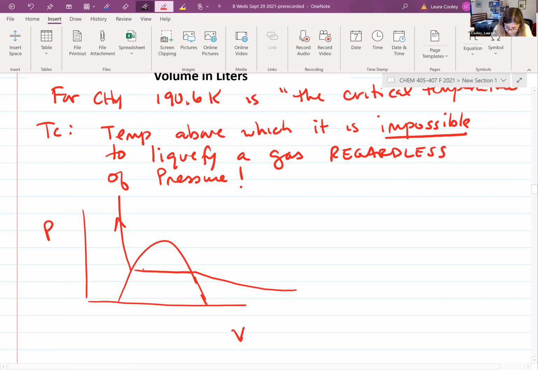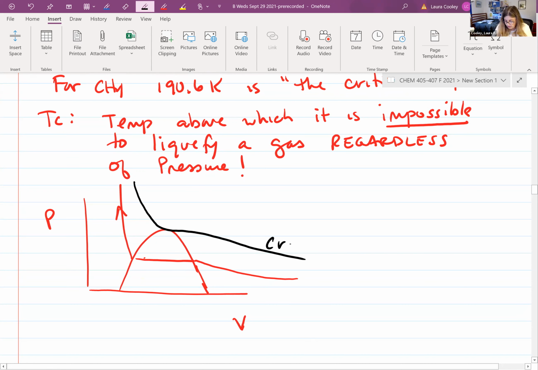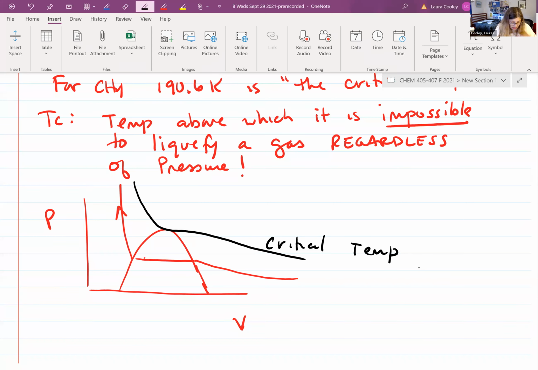And then at some point, you have this critical temperature. Now, every substance has its own critical temperature. And this point here, every substance has its own critical point. This is called a critical point.